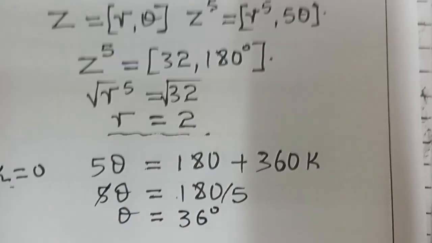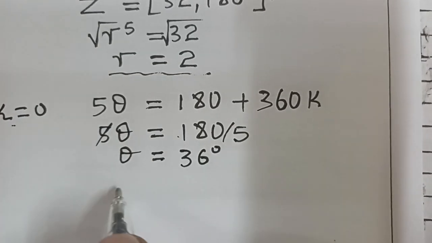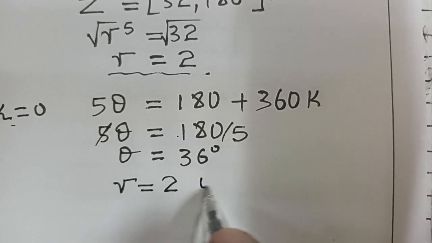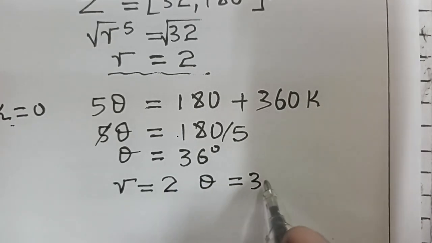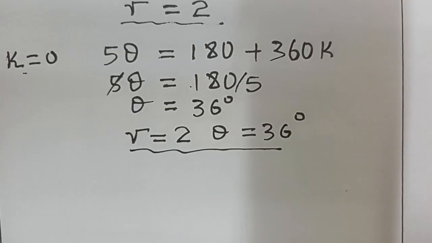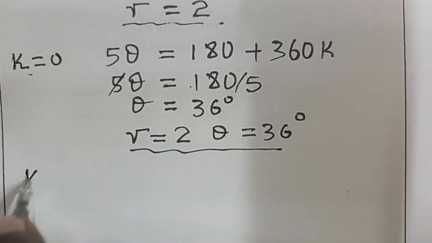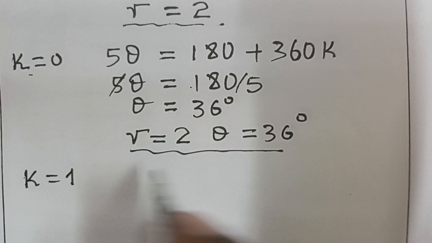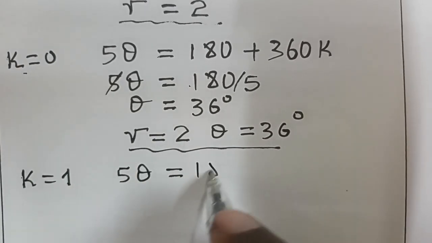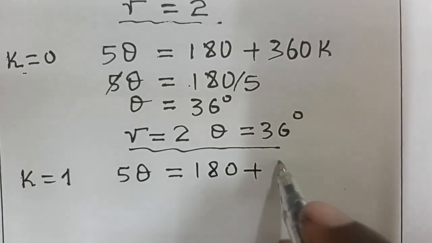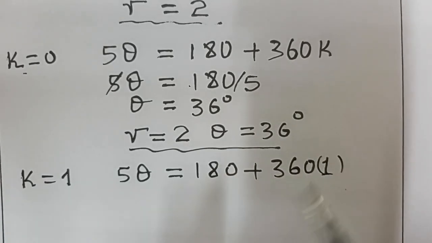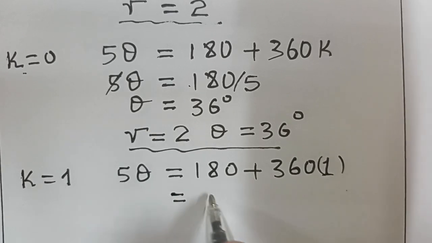Therefore, our first solution is r equals 2, which remains the same throughout, theta equals 36 degrees. That is our first solution. The second solution is k equals 1. So this is 5 theta equals 180 plus 360 times 1. This comes to 540.